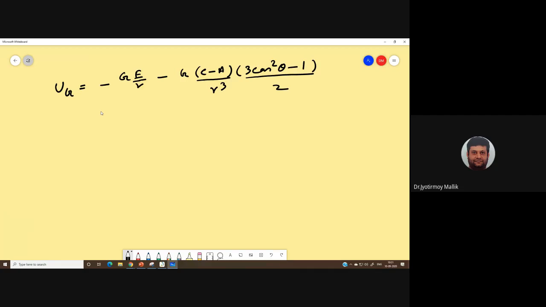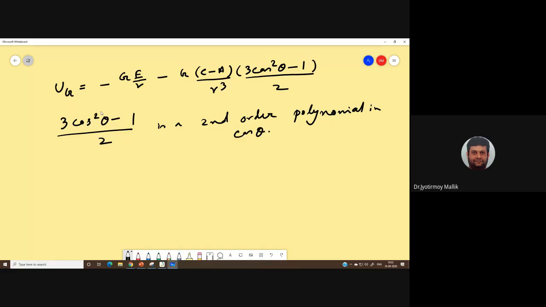This particular function, (3 cos squared theta minus 1) by 2, is a second order polynomial in cos theta, and can be written as P2 cos theta. The 2 stands for the second order polynomial.